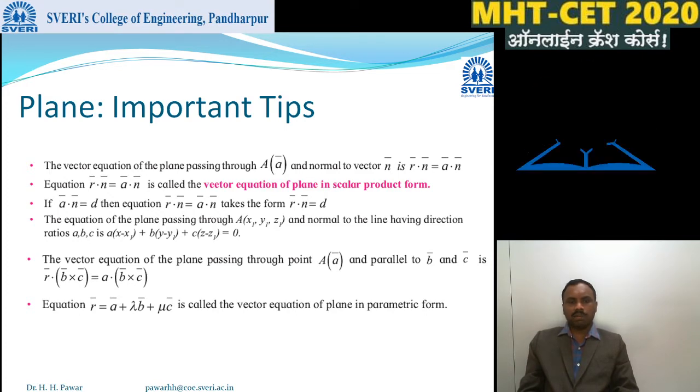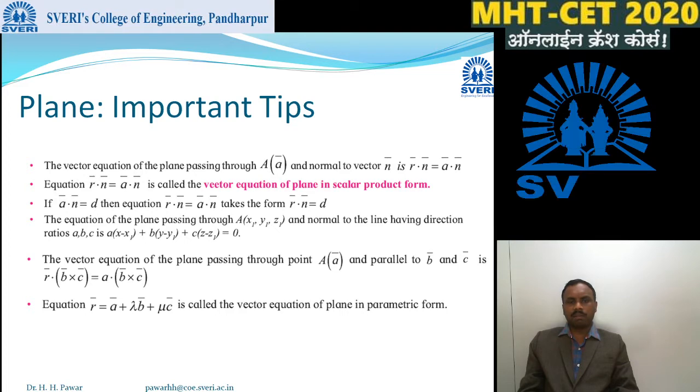Also, in Cartesian form, the equation of the plane passing through (x1, y1, z1) and normal to the line having direction ratios a, b, c is a(x minus x1) plus b(y minus y1) plus c(z minus z1) equal to 0.